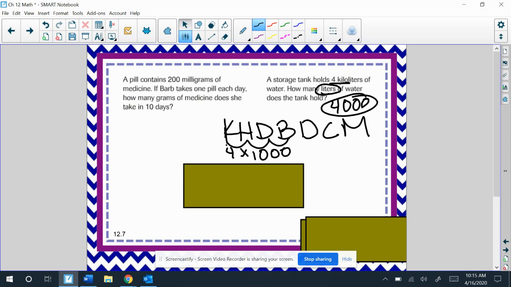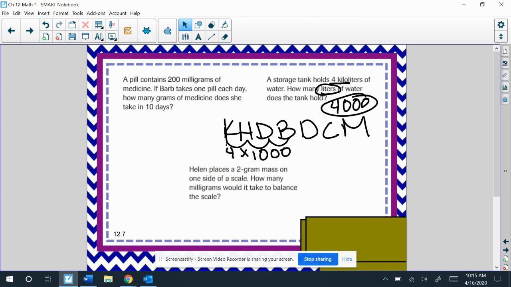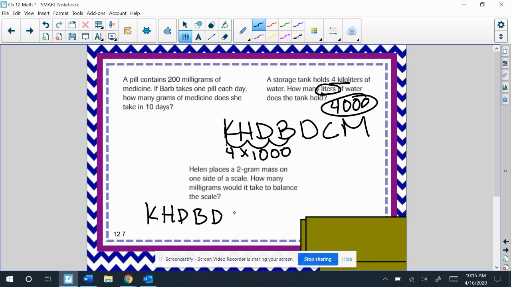Not bad. Here's the next one. Helen places a 2-gram mass on one side of a scale. How many milligrams will it take to balance the scale? Let's see how you did. I need my saying. King Henry died by drinking chocolate milk. I hope this is getting into your head and that you're remembering that saying because it really helps you when you use the metric system.